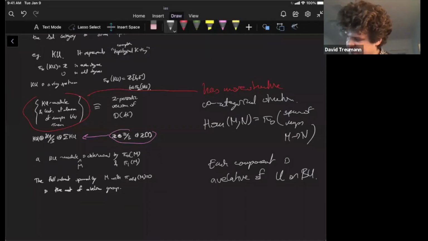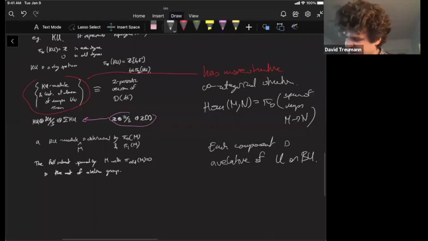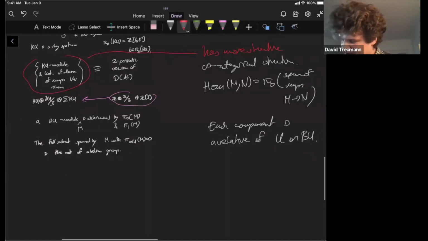And that's a much more complicated, richer thing than the derived category of abelian groups. Well, let's say it's a different thing. Let's not make a value judgment. It's just a different thing than the derived category of abelian groups or what would usually be meant by an infinity categorical version of it.